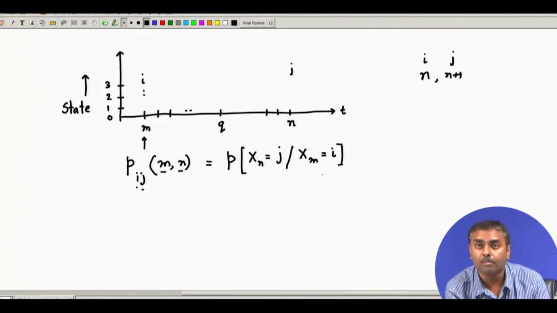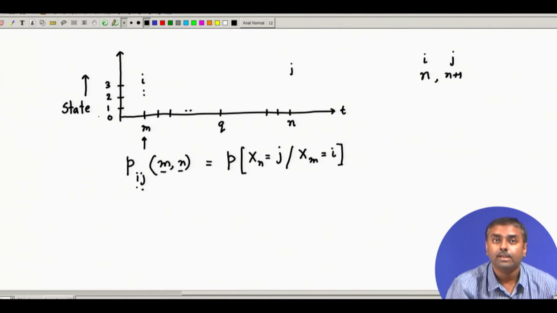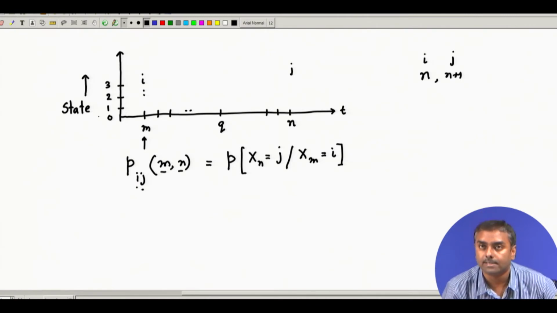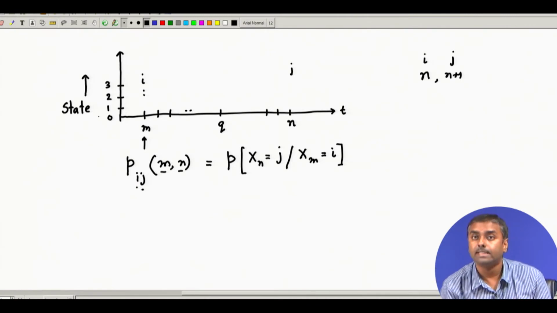This is the probability that we are trying to characterize, for all i, j values, all possible values of my states. So, I will be putting together a state transition matrix, but remember, this is a multi-stage transition matrix. Therefore, for any m and n I will be able to characterize it, so now my transition will be more generally characterized. This is what we want to do.